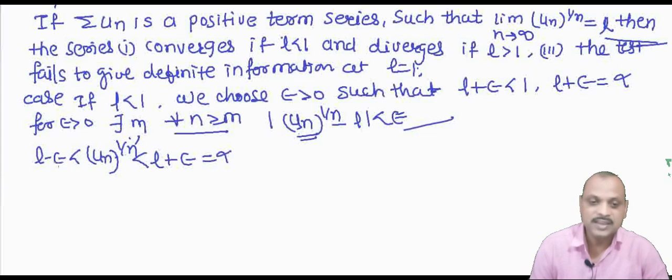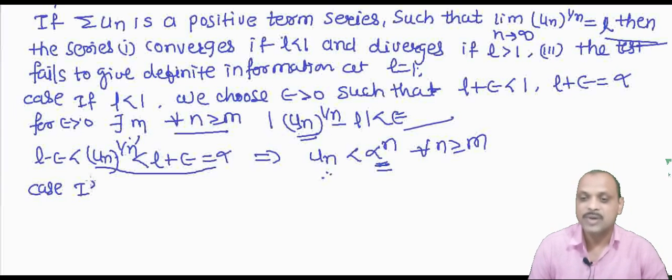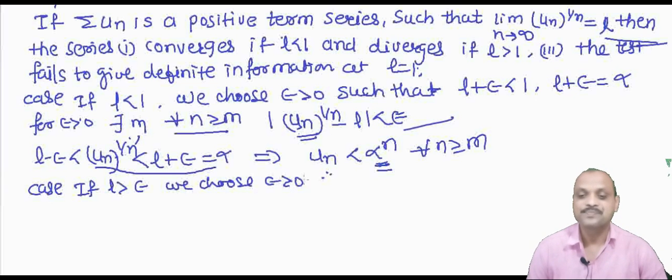Now consider the second case, where L is greater than 1. We choose epsilon greater than 0 such that L minus epsilon is greater than 1, and we call L minus epsilon another number, beta.